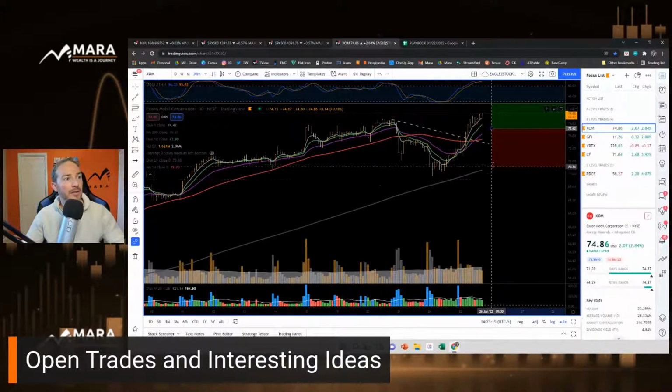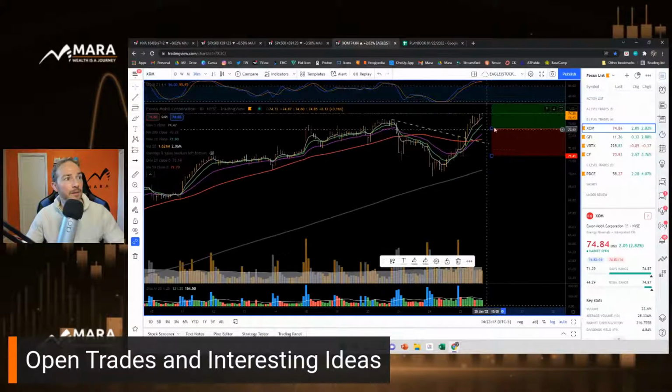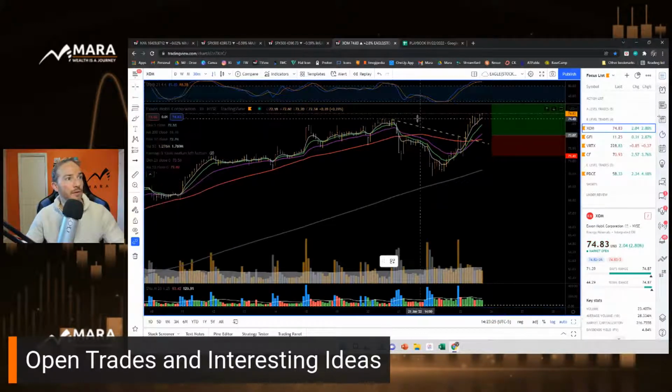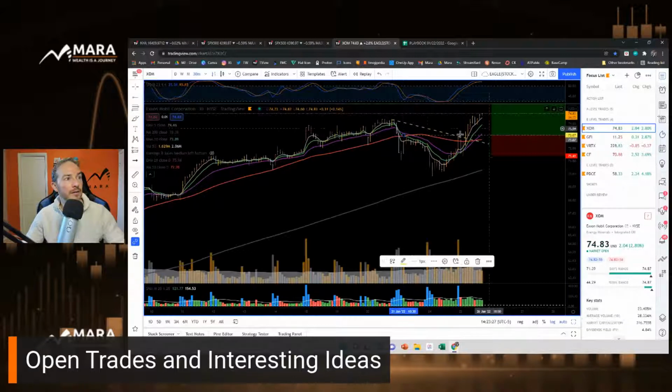And you could even tighten up your risk over here, right? Because you're trying to get in for a day trade. So enter above this little consolidation zone right over here. It found resistance there, came back up, found resistance right there, and then broke through this morning and started to run.